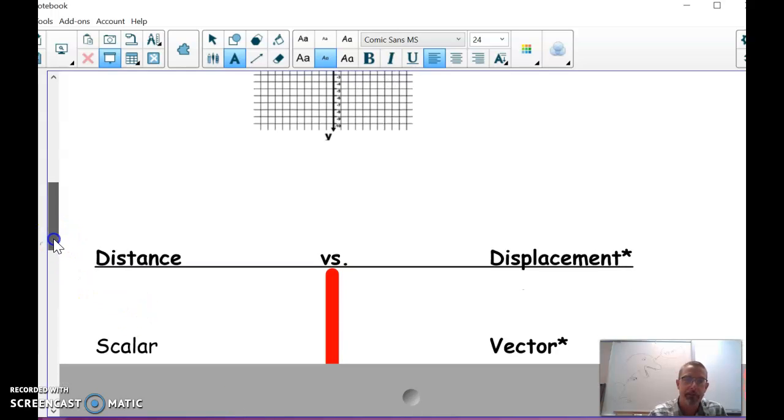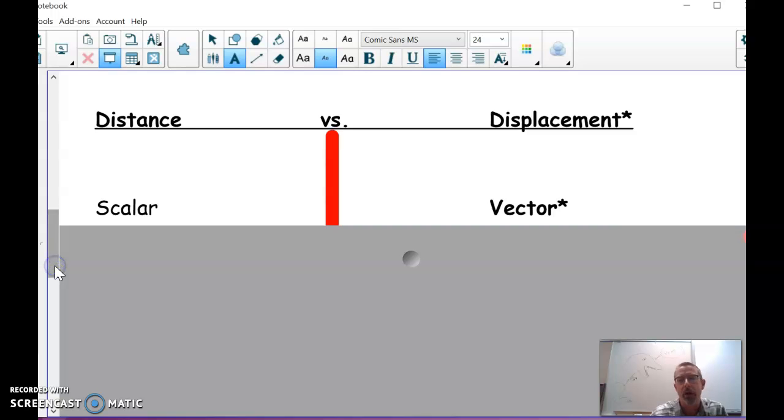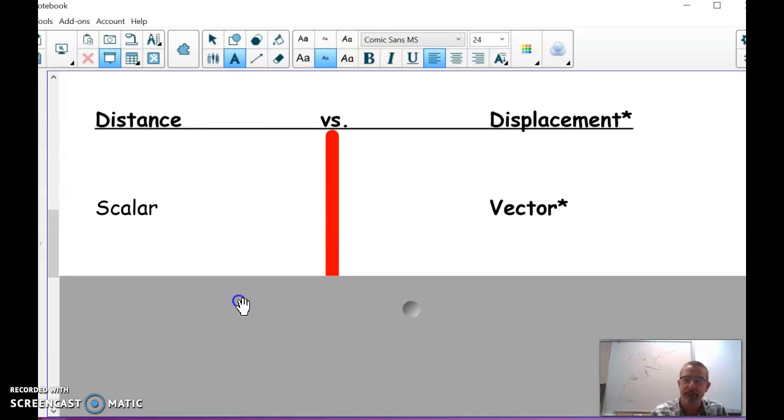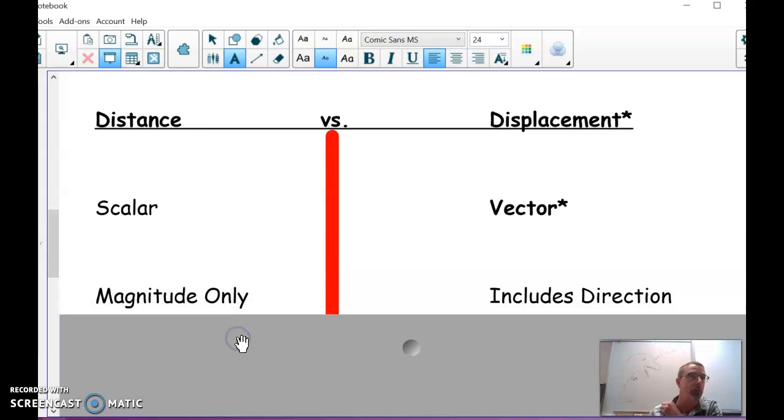For one thing, distance is what we describe as a scalar, and displacement is what we would call a vector. Notice that I'm emphasizing vectors in bold here, because we need to incorporate the idea of direction.